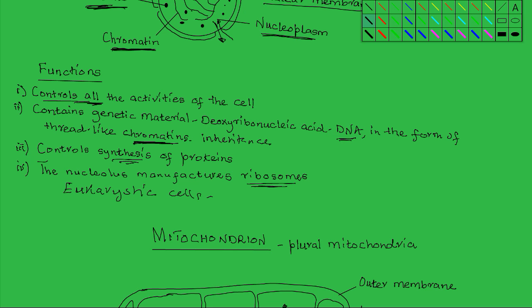But then there are those cells in which the nucleus lacks a distinct membrane, such that the genetic material is not bound in any specific organelle. These types of cells are said to be prokaryotic.